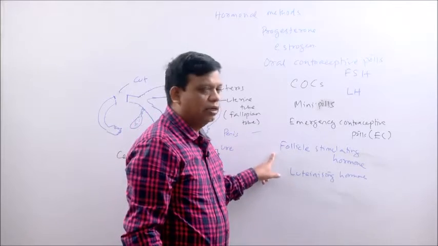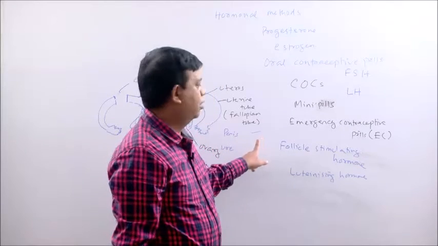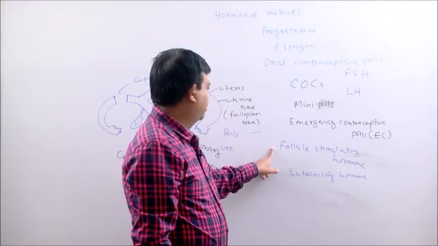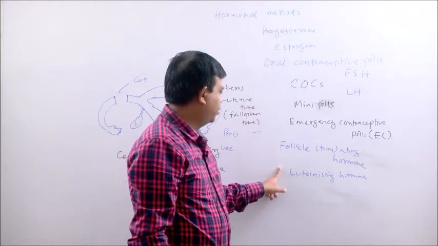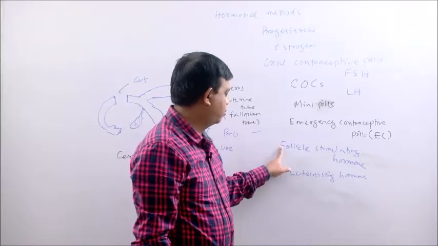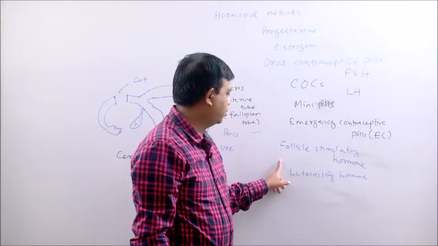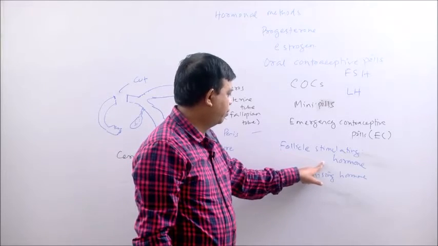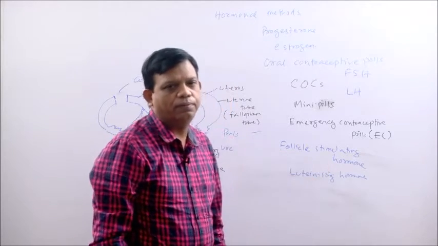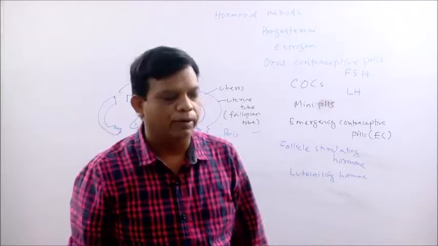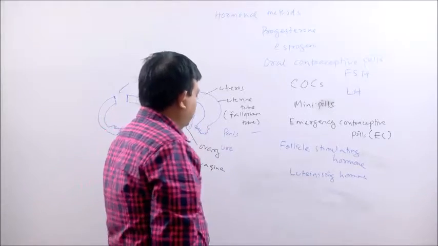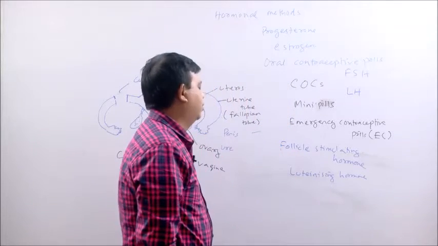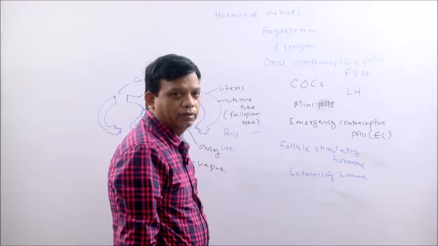These two hormones are released from the anterior pituitary gland and they act on the ovary. Follicle stimulating hormone stimulates the growth of ovarian follicles in the ovary. Luteinizing hormone is required for ovulation.